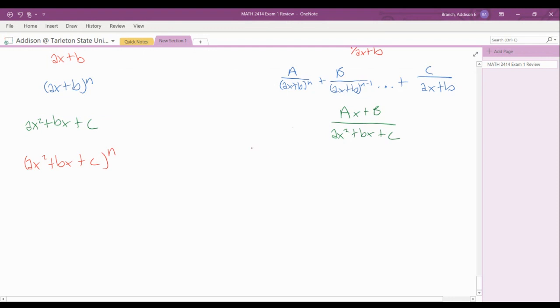So now you'll have ax plus b over ax squared plus bx plus c to the n, plus cx plus d over ax squared plus bx plus c to the n minus 1, until you get down to just ax squared plus bx plus c in your denominator.